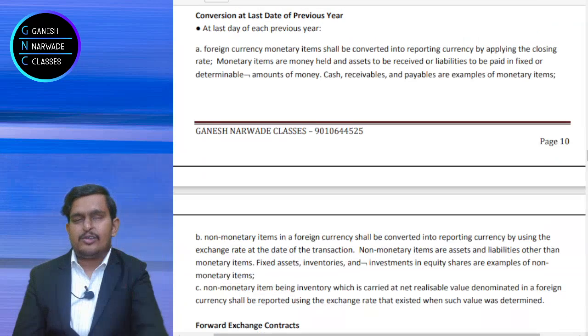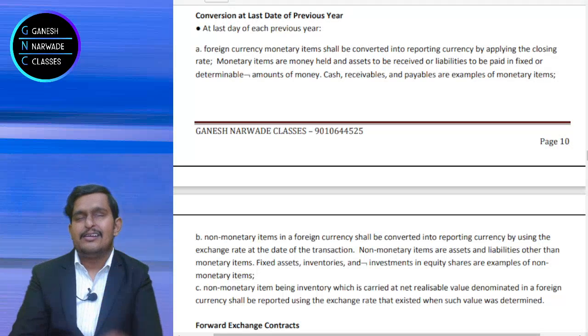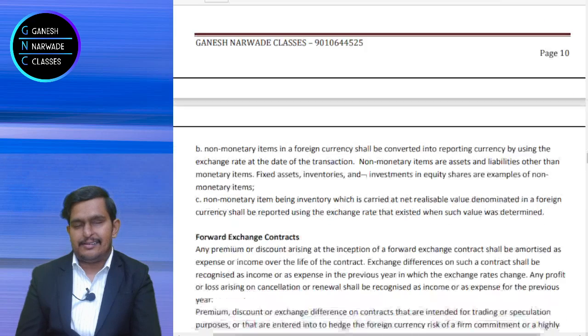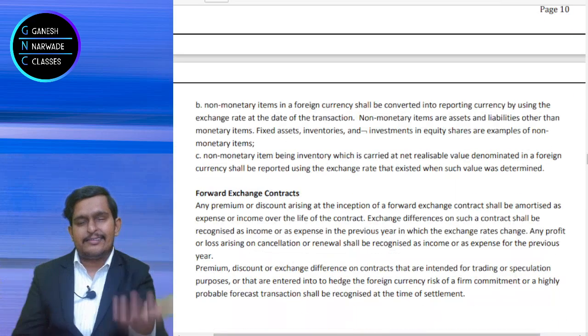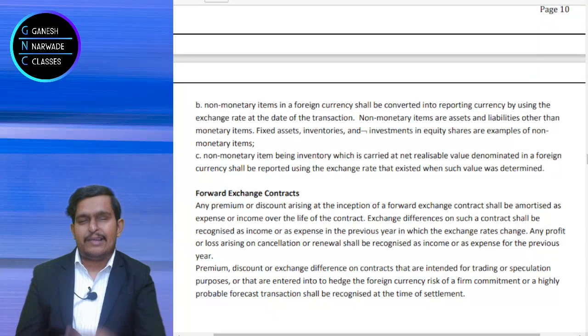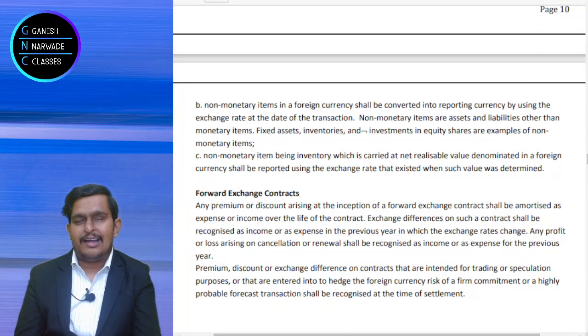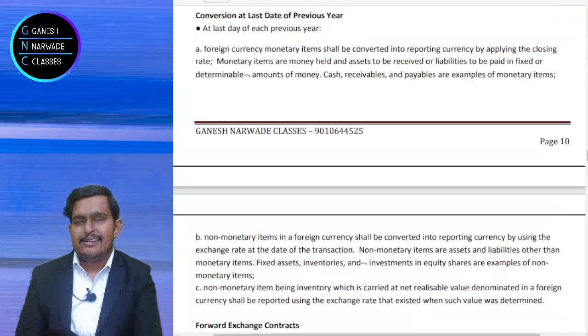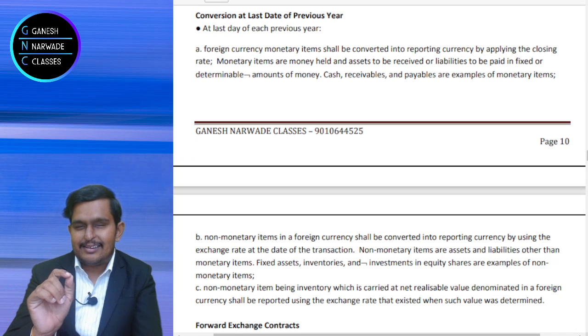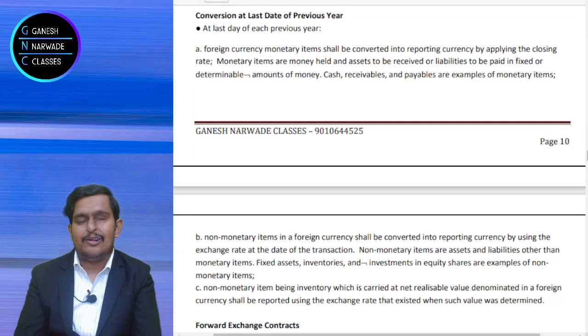But if there are lots of fluctuations in the price of the foreign currency, suppose the dollar and Indian currency are continuously fluctuating, sometimes 70, sometimes 100, sometimes 60, huge fluctuations, in that case don't take the average rate. Take the transaction rate. Clear? Very good.